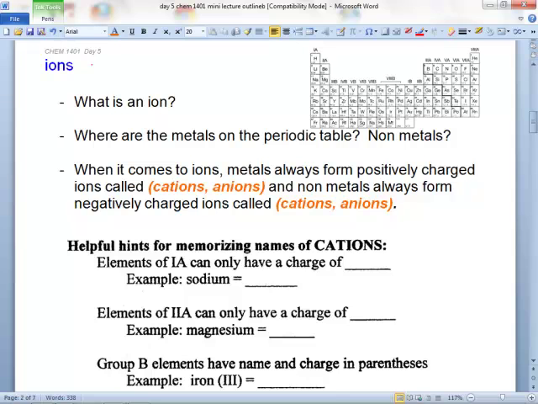So let's first start talking about the ions. And Ashlyn kind of helped you out there, Taylor, but what's an ion? Yeah, a little charged particle.